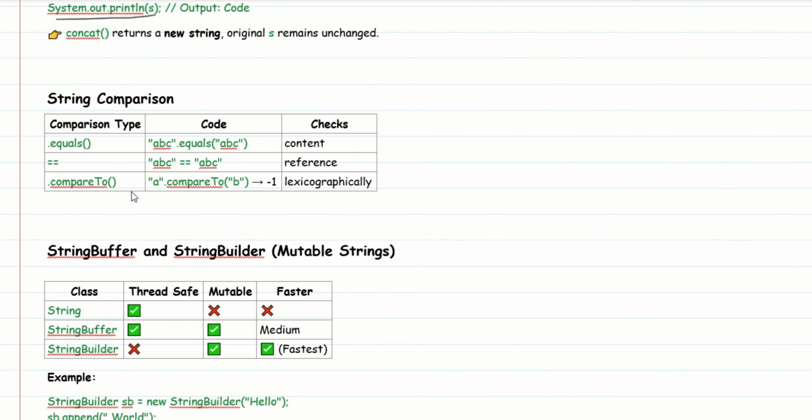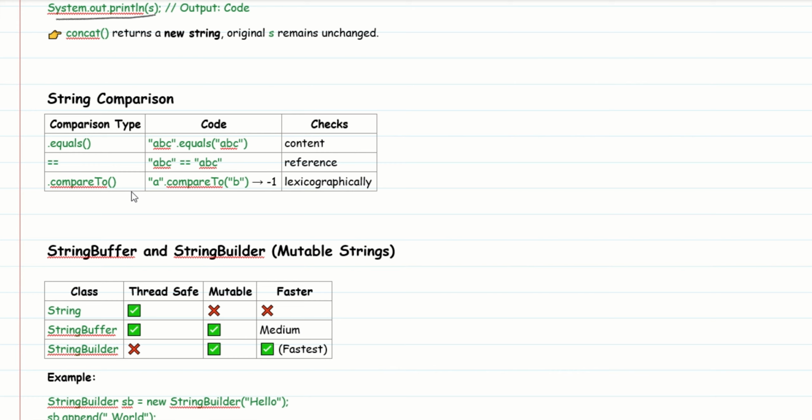Then comparing strings. We have some options here, that is using the equals or equalsIgnoreCase method. These compare based on content. If you use the double equals operator, it will compare based on the object reference. Then we have compareTo, which compares lexicographically. The compareTo method compares two strings based on the Unicode value of each character in the string. The method returns 0 if the string is equal to the other string.